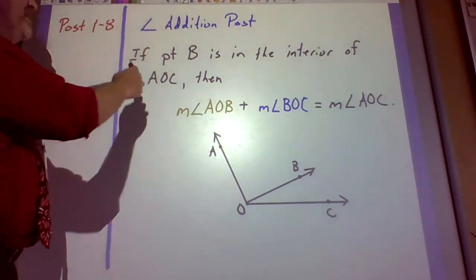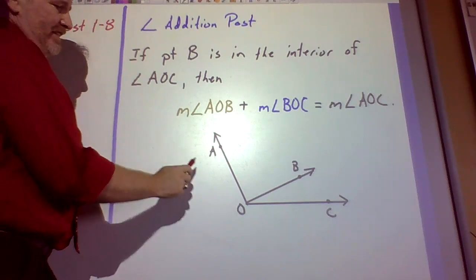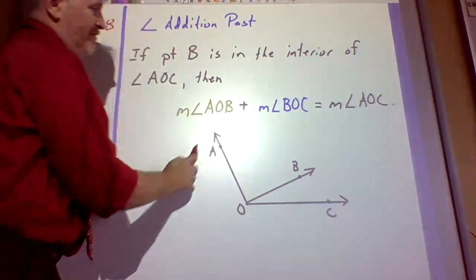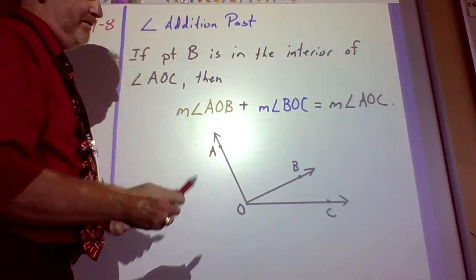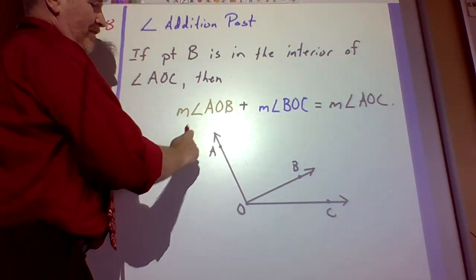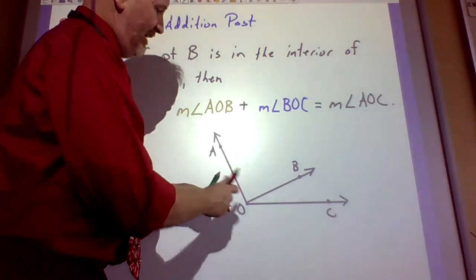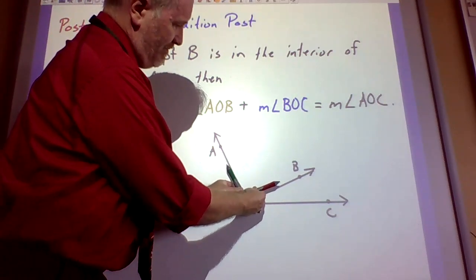And it says if you have a point B in the interior of an angle AOC, so here's AOC, it's the big angle of this diagram. You put a point B on the inside of it somewhere, then if you draw a ray out to it, now you have literally broken the big angle AOC into two smaller angles.